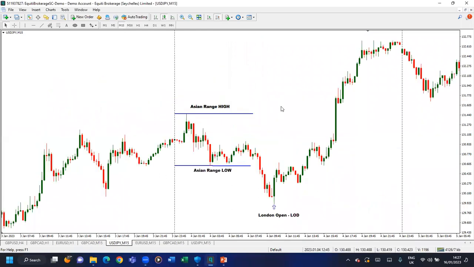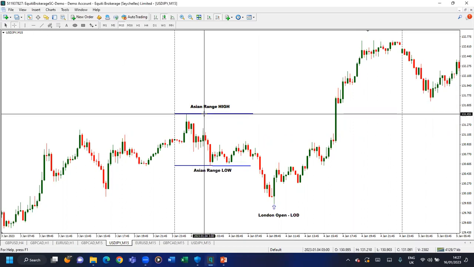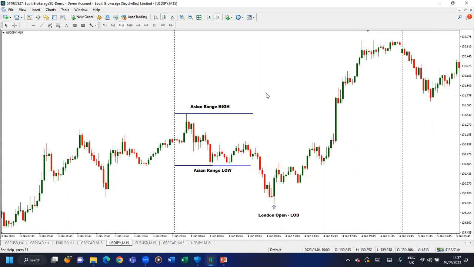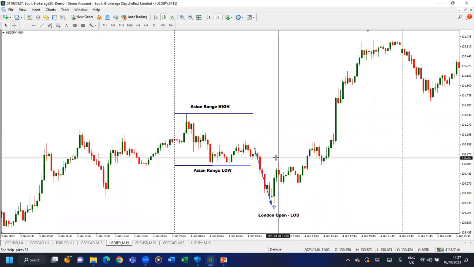The next chart here shows us a period of accumulation, a longer range of about 88 pips, after which the low of the day was set. This low was set at about 10:30 GMT plus 1.